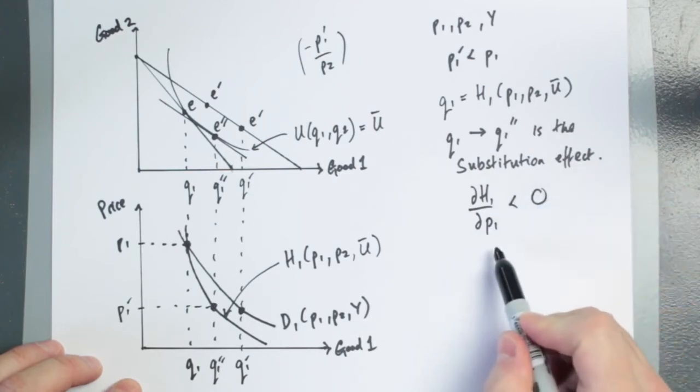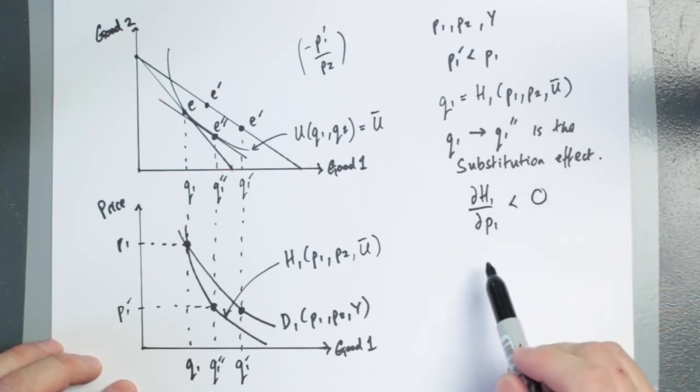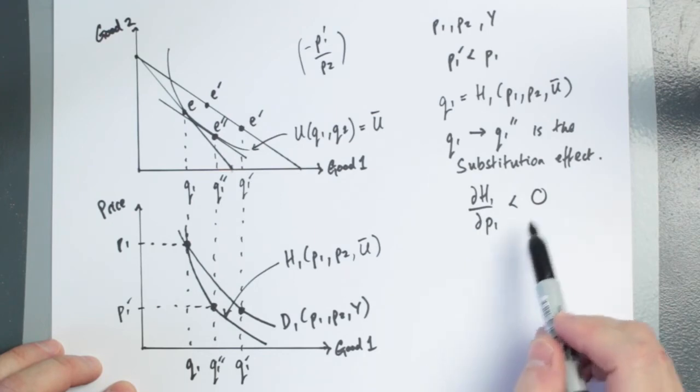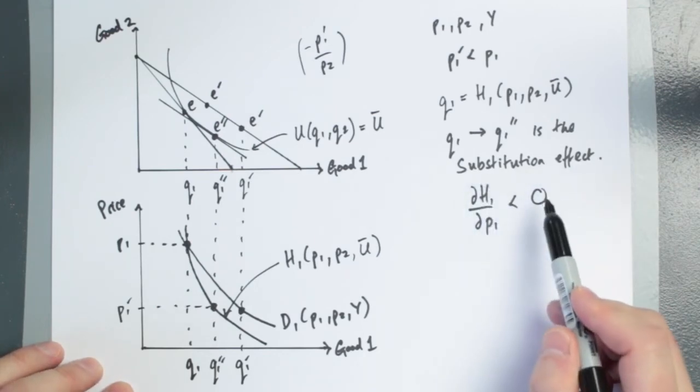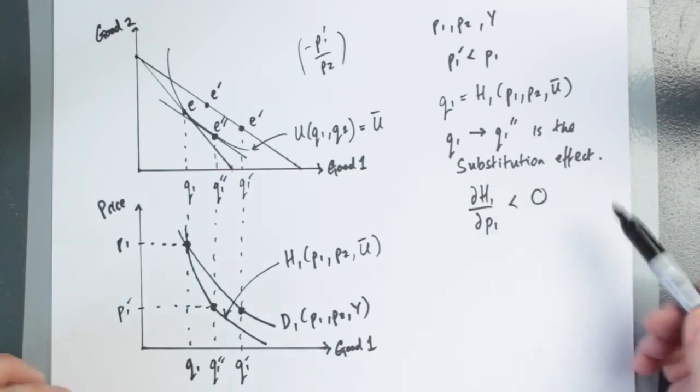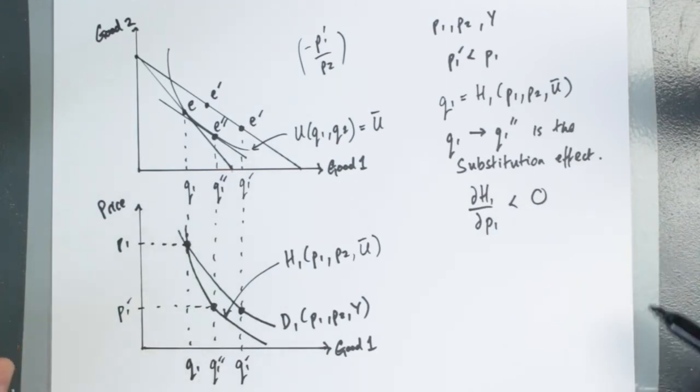So this partial derivative of the Hicksian demand function with respect to price is always negative because it's only capturing the substitution effect, and that always works in the same direction as the law of demand. So you would always want to substitute in favor of the cheaper goods once you compensate for income effects, once you remove income effects from the equations.